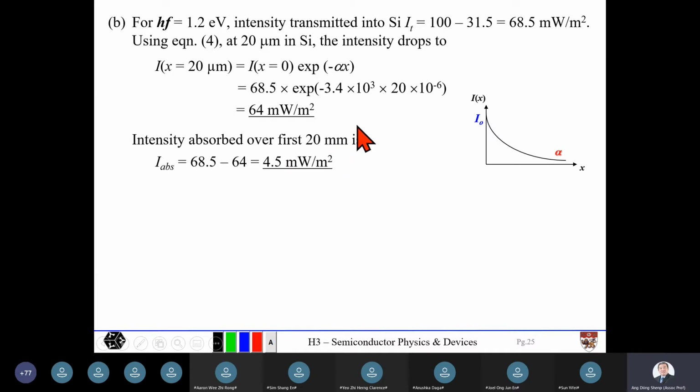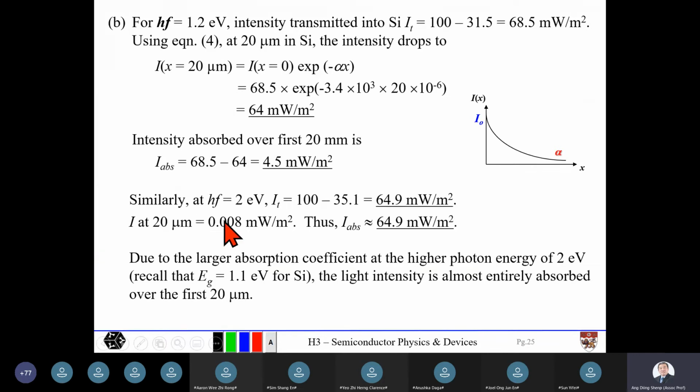Now, if the light energy is higher, at 2 eV, you can see that the amount of light intensity remaining at 20 micrometer is almost zero. It's 0.008 milliwatt per meter square.